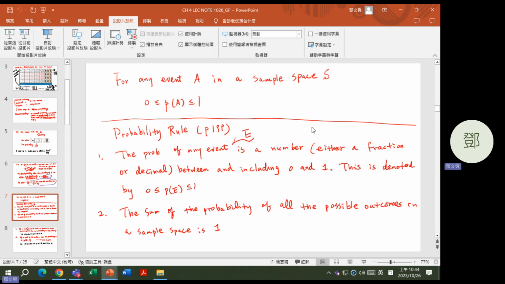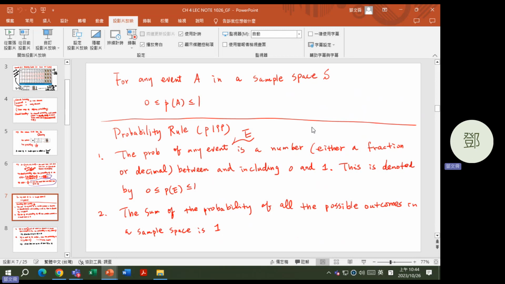For any event A in sample space S, the probability of A lies between 0 and 1, and 0 and 1 are included. For the probability rules, please go to page 199. Rule number 1: the probability of any event E is a number between and including 0 and 1.